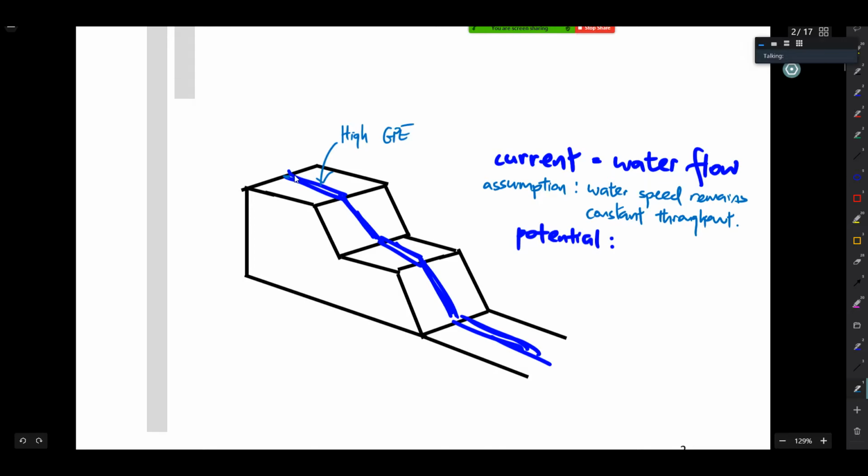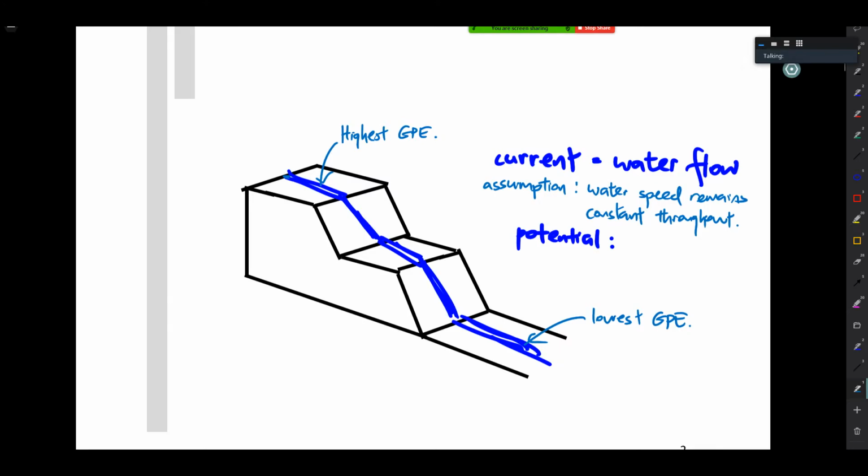This point is the highest because of its height, and over here it is the lowest GP. We'll use this idea of GP to help us translate into potential difference or voltage in this chapter. Shortly I'll be talking about voltage, and then we'll come back here to talk about GP again.